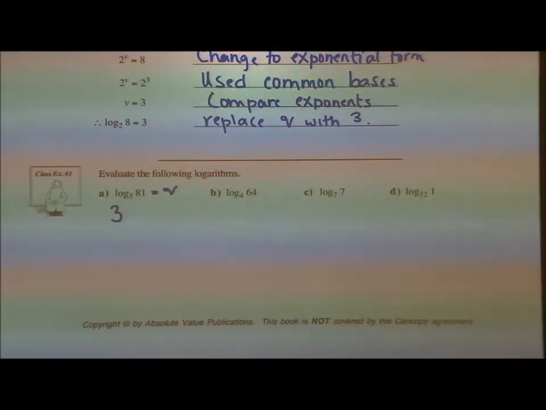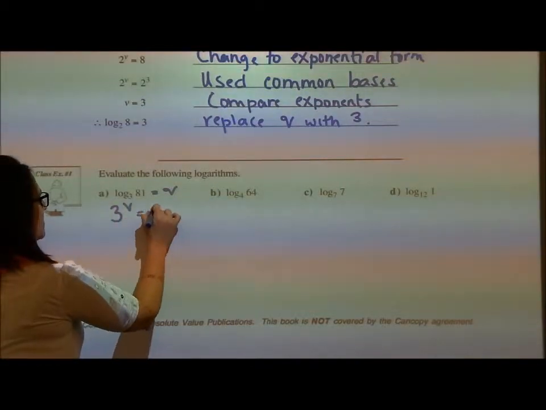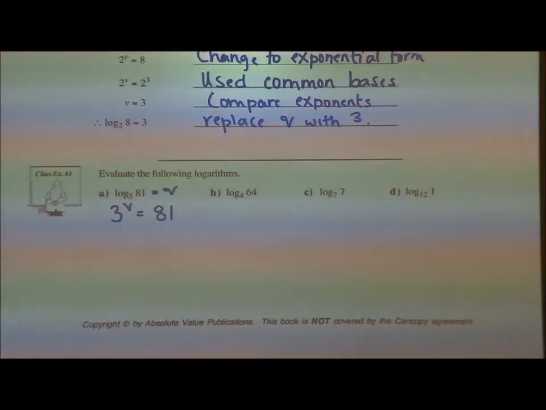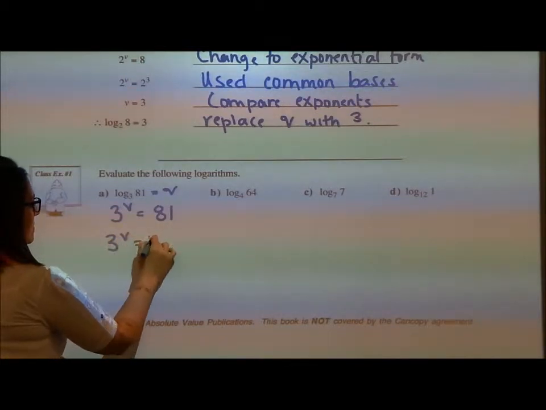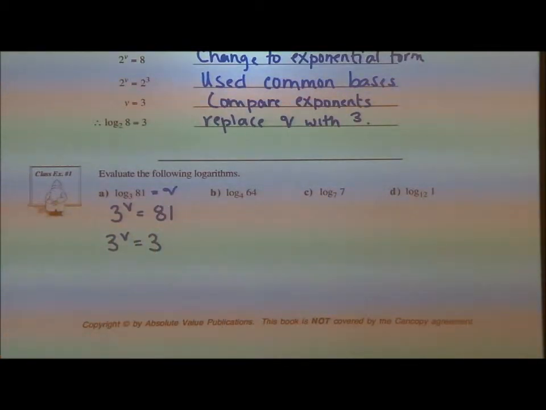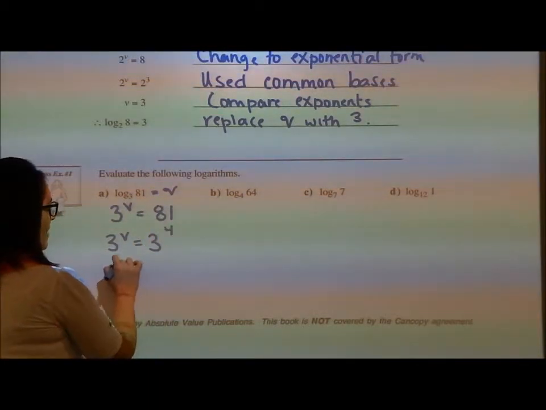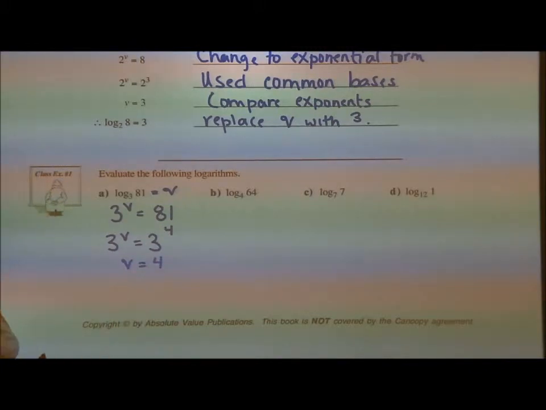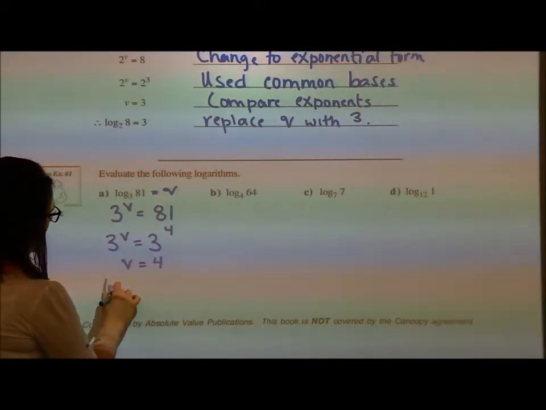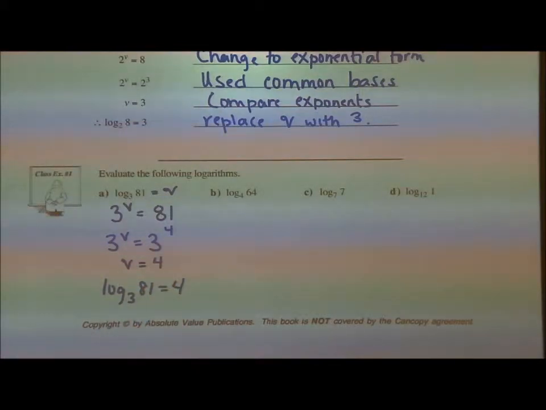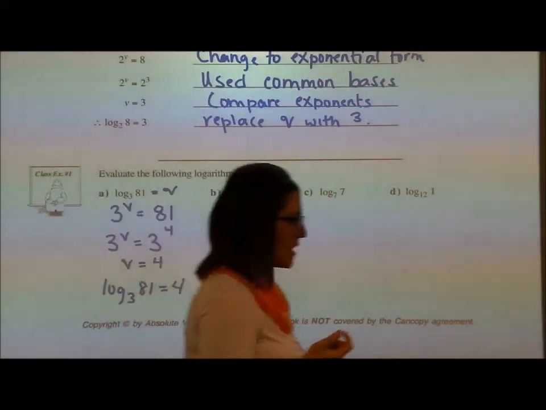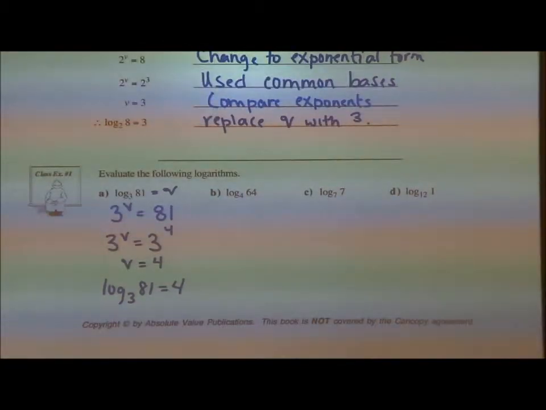Three to the power of what equals 81. And then I want to use common bases, so I want to write 81 as a power of 3. 3 to the power of what? 4. So then v would be equal to 4. So then I can write down that log base 3 of 81 would now be equal to 4. So I want you to use a similar process to do the next 3 questions.